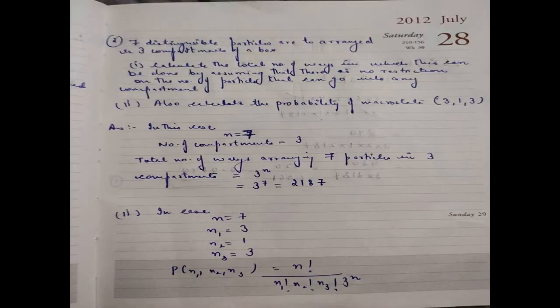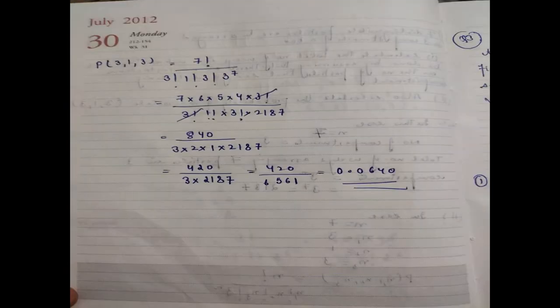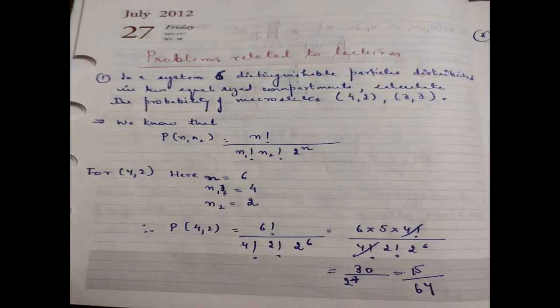Similarly, we can calculate the probability of the macro state 3, 3 in a similar way, where we put n1 equal to 3 and n2 also equal to 3. N factorial will be equal to 6 factorial, and we can solve it for the macro state 4, 2.